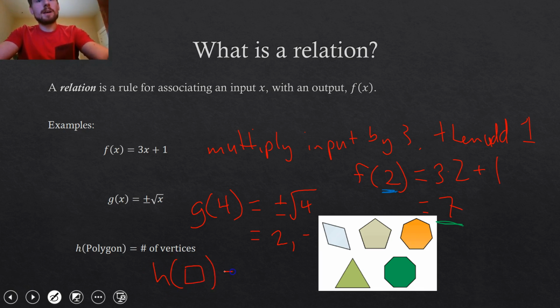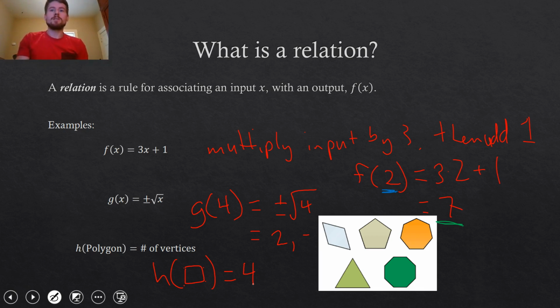Okay, what's h of square? Well, you count the number of vertices. Those are the corners, right? The points on the edge. And so what would h of square be? Well, I count 1, 2, 3, 4 vertices. So that's 4, right? So that's another relation, where your domain is all the polygons, and your range, what you're going to, are just whole numbers, right?